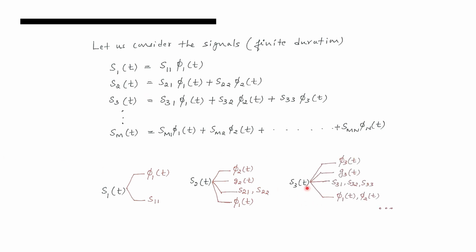Similarly, S3 of t, the third signal, can be represented by orthonormal basis function phi 3 of t by the previous steps' orthonormal basis functions, phi 1 of t and phi 2 of t, followed by the vector values S31, S32, S33, and then we are going to find g3 of t, some intermediate signal, and then phi 3 of t.